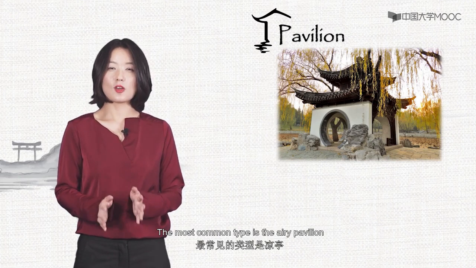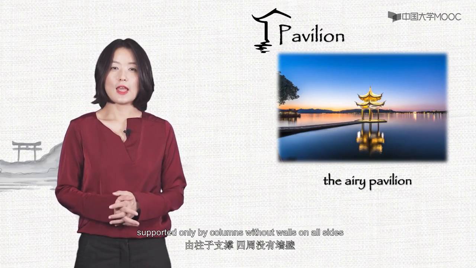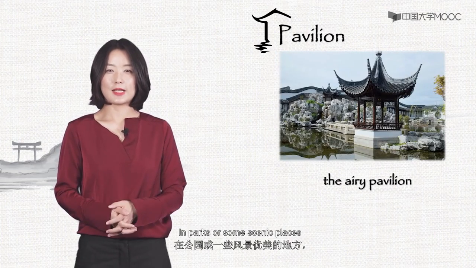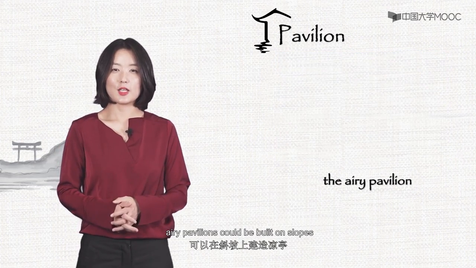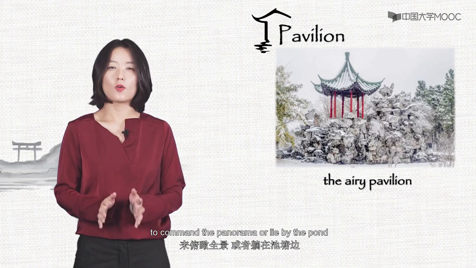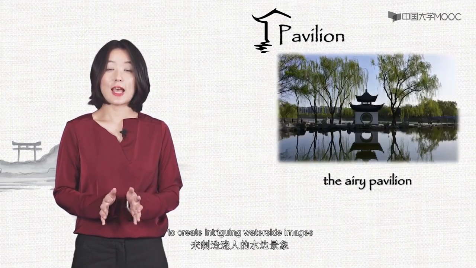The most common type is the airy pavilion, supported only by columns without walls on all sides. In parks or some scenic places, airy pavilions could be built on slopes to command the panorama or lie by the pond to create intriguing waterside images.